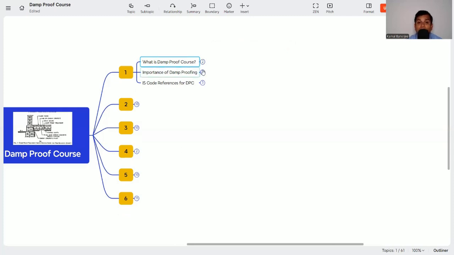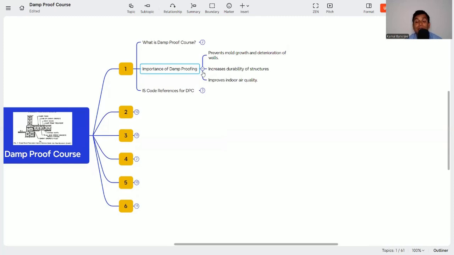Now what is the importance of the DPC or damp proof course? I already discussed that it prevents mold growth and deterioration of the wall. So it is a protector, or the screening of the wall.